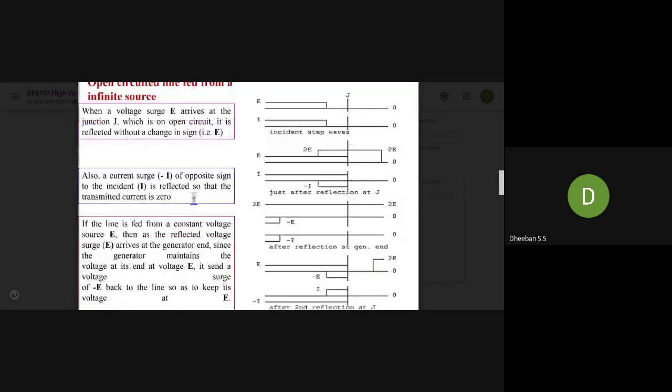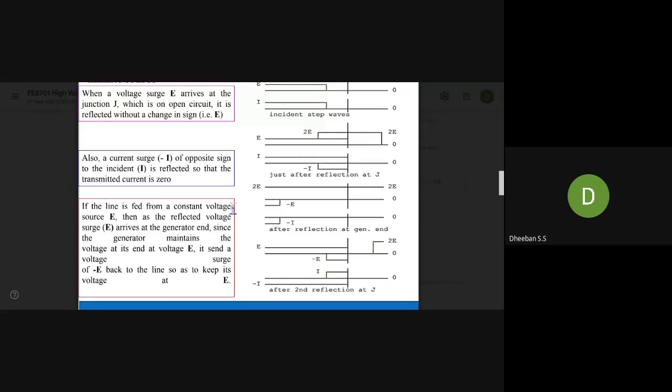So next is, if the line is fed from a constant voltage source, then the reflected voltage surge arrives at the generator end. So here what we are seeing is the source will be taken as the surge voltage. For the source of the surge voltage, you will be finding out the traveling wave and whether it is reflecting or not.